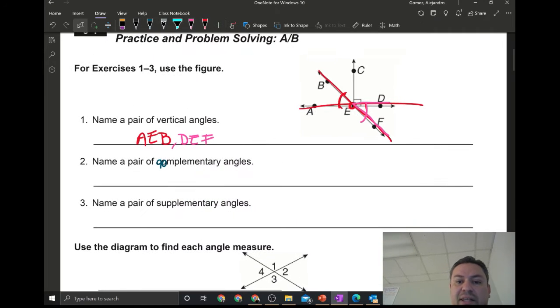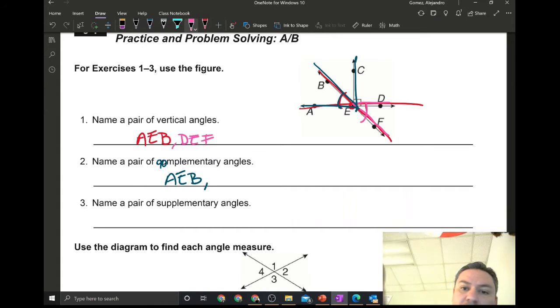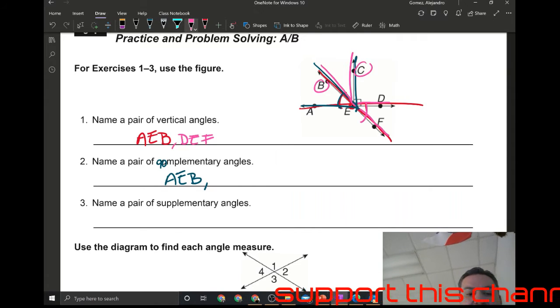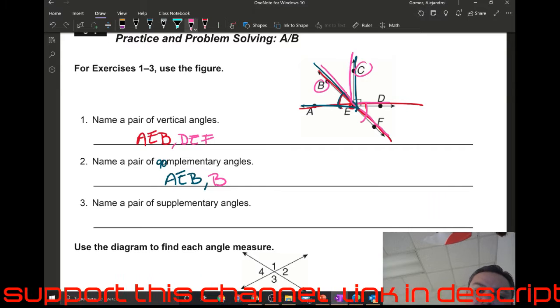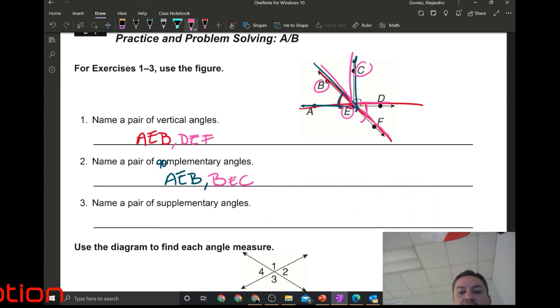I already named this one, that's AEB, but my other one is going to go from here to here. Now what goes first in the alphabet, B or C? Of course it's B, so it's going to be B, E, C. That's my pair of complementary angles.